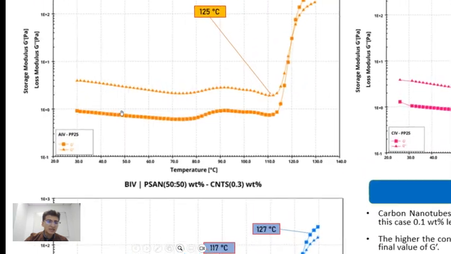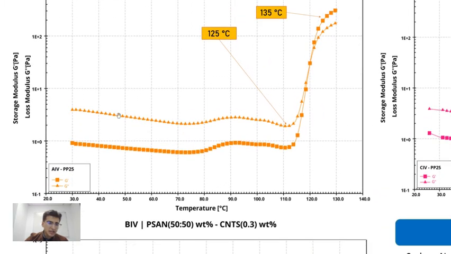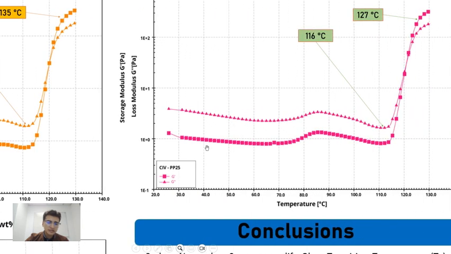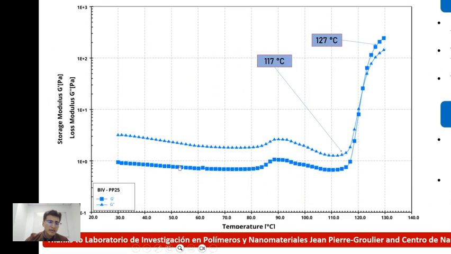As we can see, there are two lines. The first line, represented as triangles, represents the value of the G double prime, and the line formed by squares is the G prime. As we can see in all three cases, the storage modulus is lower than the loss modulus.